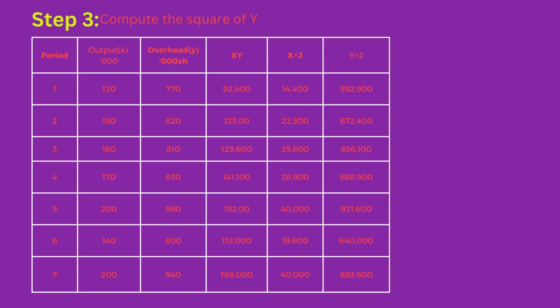In our overhead column, that's where we have our y. So we take the square of every overhead from period 1 to period 7. So we have our sixth column, the y squared column, where we have the value of y squared from period 1 to period 7.